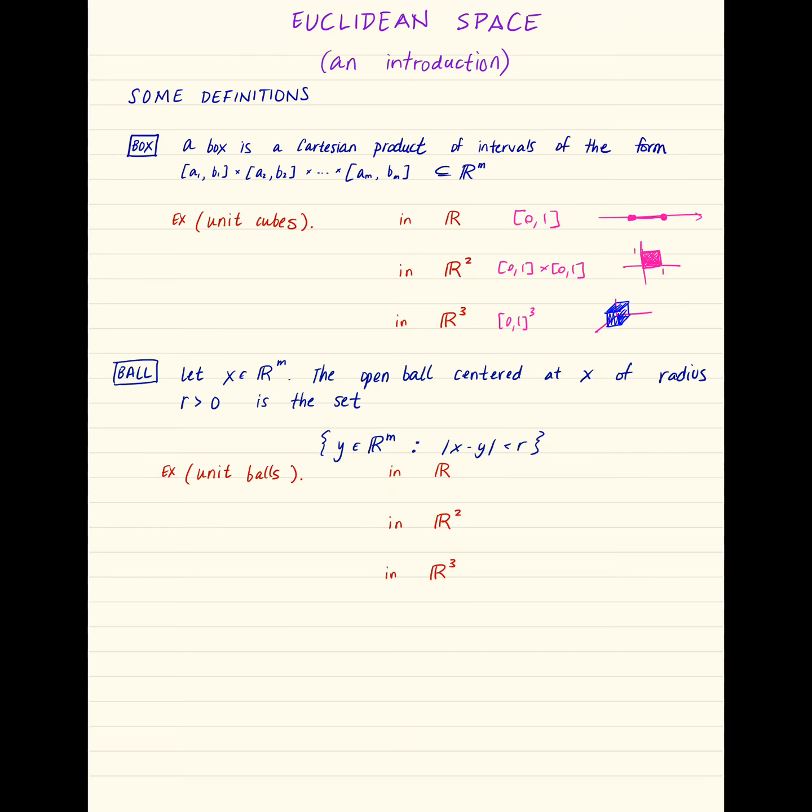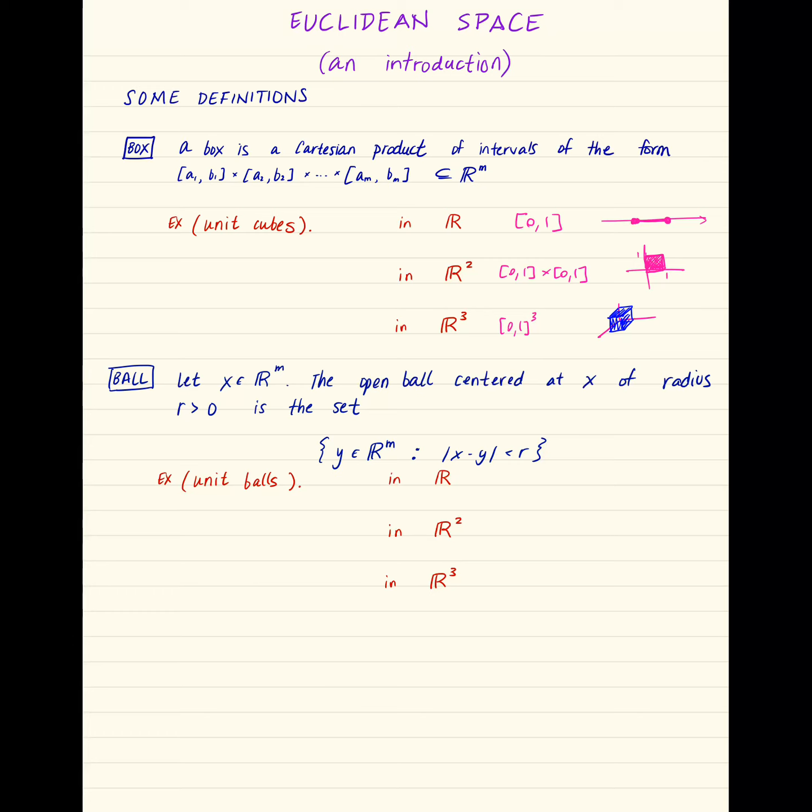Now for us, unit ball, and this is a typo in the book, I think. The open ball that's centered at x with a radius r greater than 0 is a set that consists of all of the points in Rm that are less than r units away from x, right?